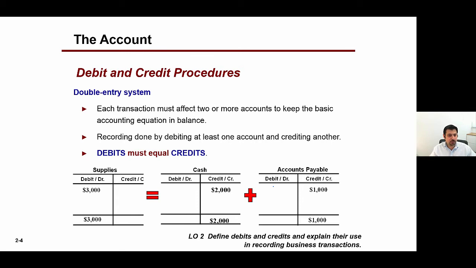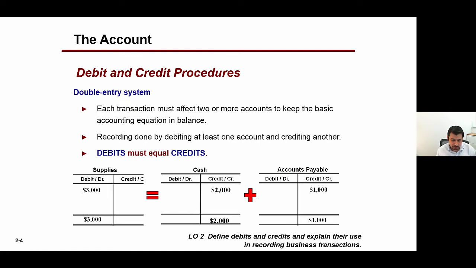Every transaction has an effect on at least two accounts. It could be one or more debit accounts or one or more credit accounts, and the total of the debits and the credits must always be equal.